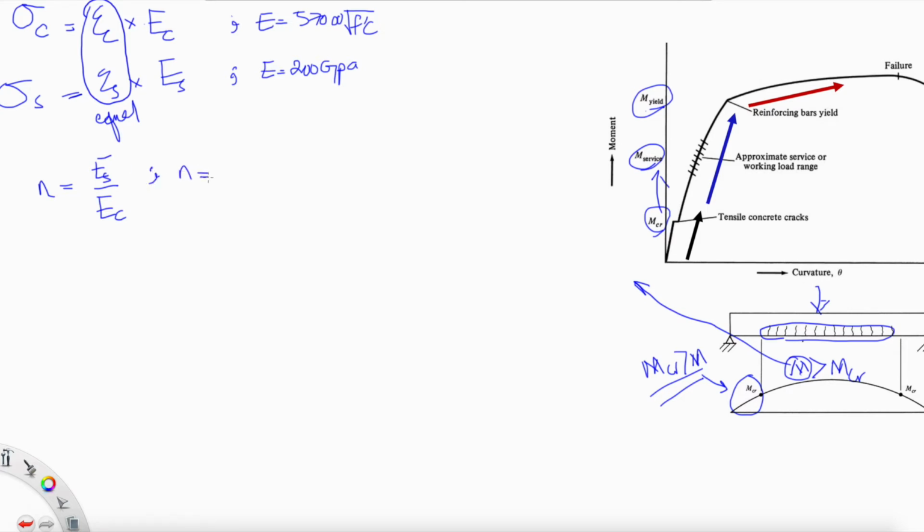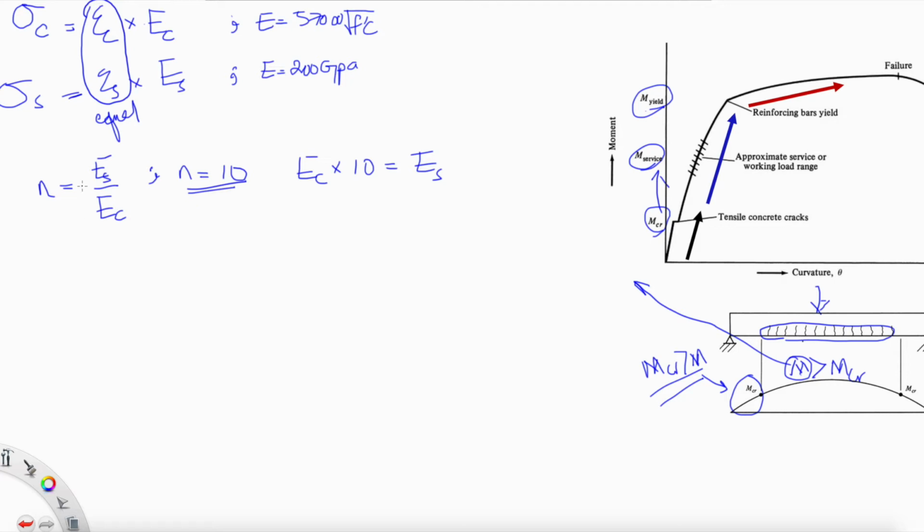If n was 10, this means that the stresses in steel are 10 times the stresses in concrete. Or you can just put it here: Ec times 10 equals Es.